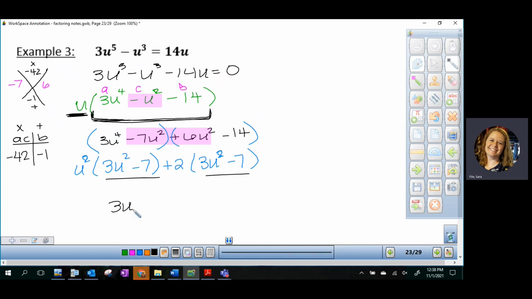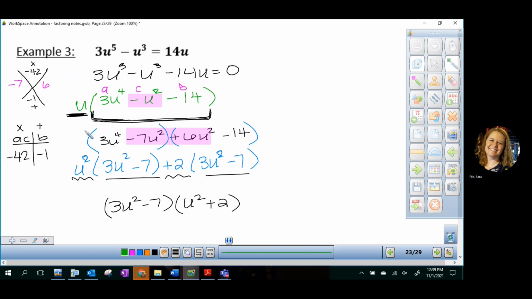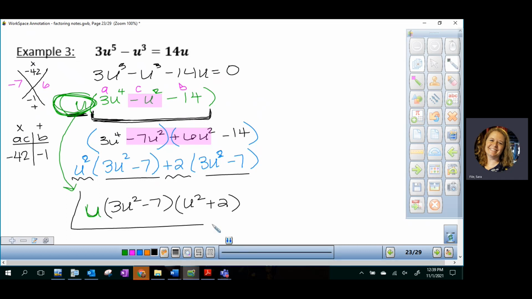So that means 3u squared minus 7 is a factor, and u squared plus 2, and what? This u that was originally factored out, that's still a factor. So the factored form is here. That's complete. Just don't forget, if you take out a GCF at the beginning, it's still there in your answer as a factor.